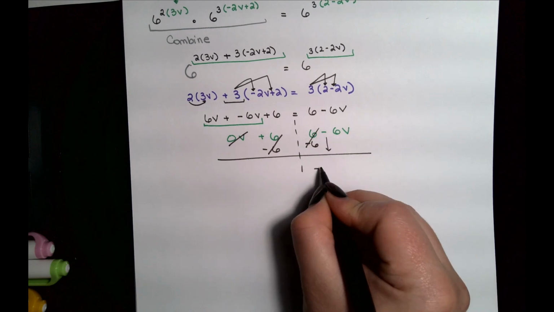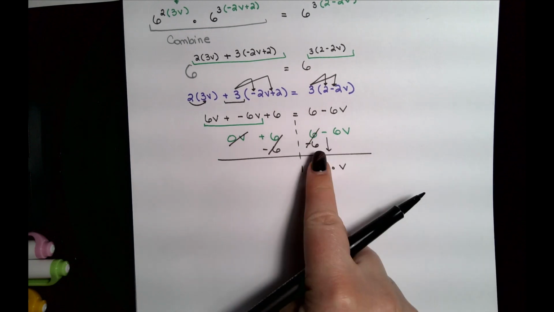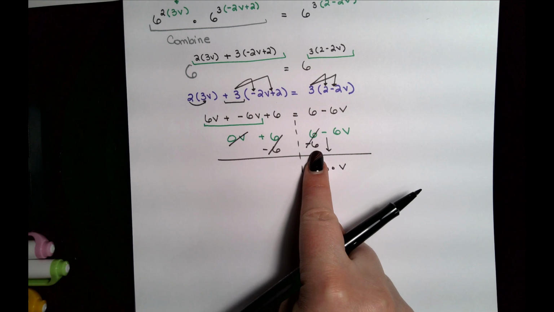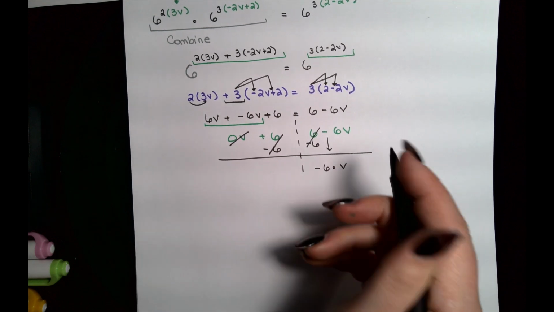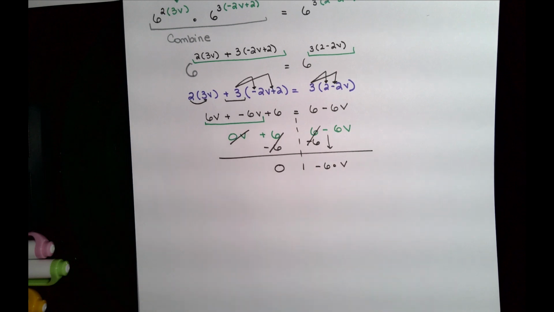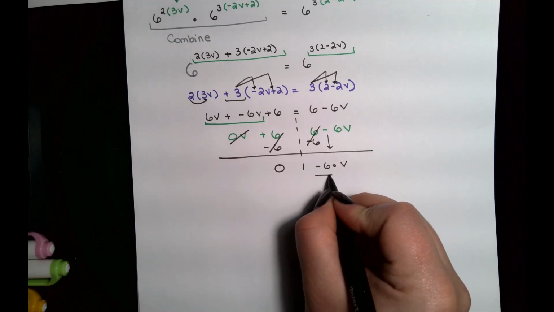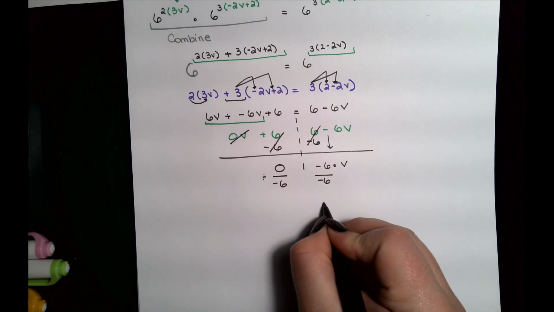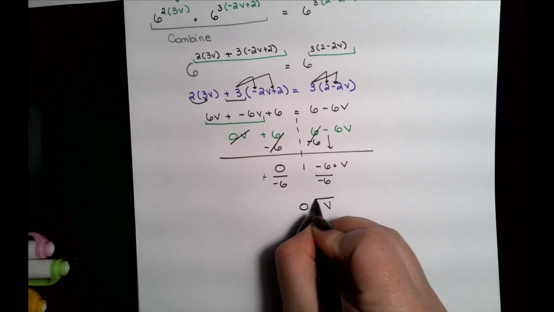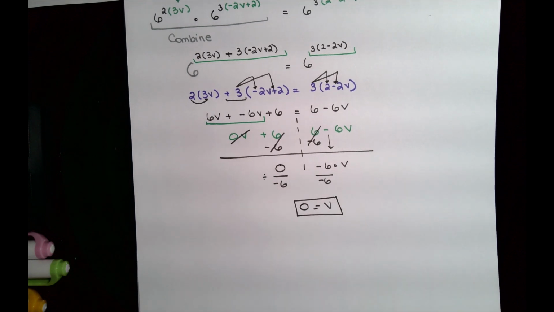Let me bring down the negative 6 times v. 6 minus 6 is 0, but 6 minus 6 is also 0. I can't have nothing on this side, so I am having to write that 0. We are still not done removing things from v, so I'm going to divide by negative 6. V is equal to 0 for my answer.